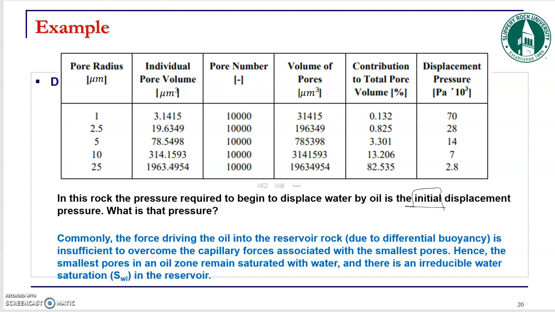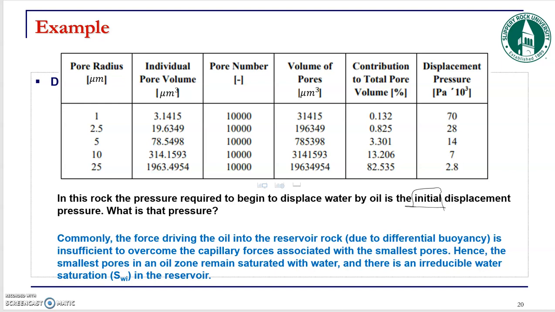There are some pressures that if you apply, for example, to your oil and you want to displace the water, you will see that no water will be displaced from the core sample, right? Now there is a threshold pressure, and if the oil injection pressure reaches that pressure, then you start to remove water from the largest pores because they have the lowest capillary pressure or displacement pressure.